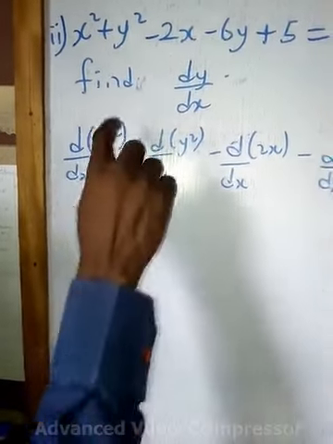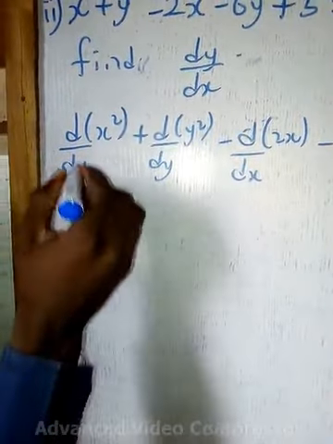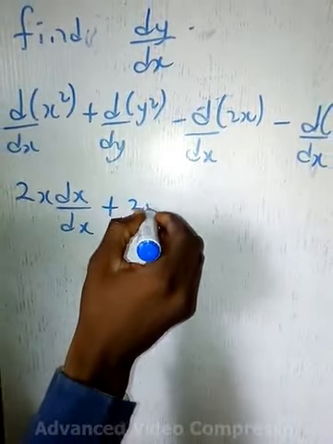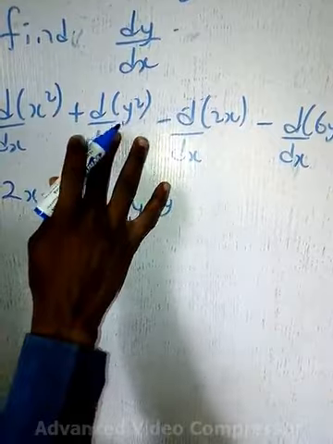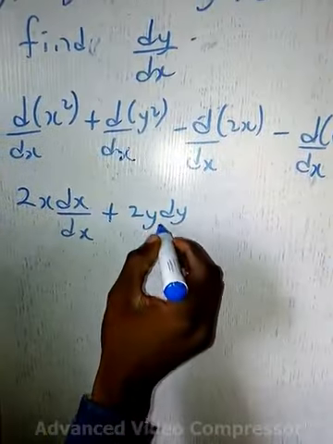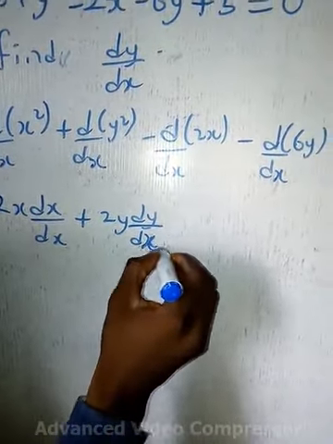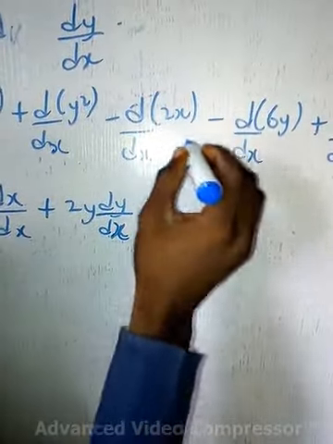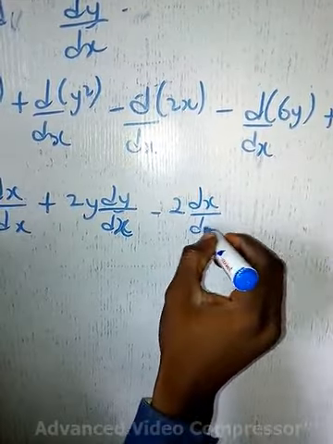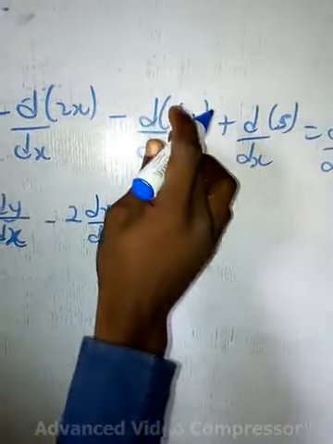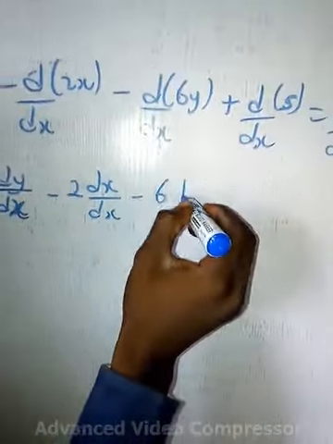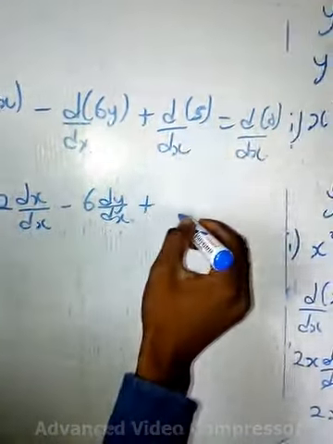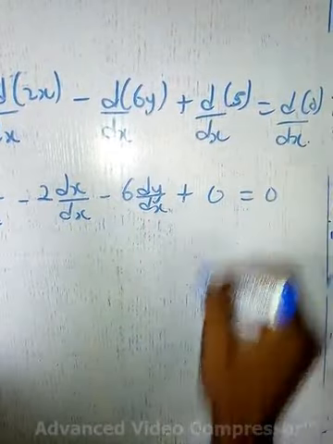Then what do we have here? Applying the same concept, the product rule here, we have 2x dx dx. We are differentiating twice, plus 2y dy dx. Sorry, this is supposed to be dx. Minus 2: when you differentiate this, that will be 2 dx. Minus 6: differentiating this gives dy dx, plus differentiating this constant here gives 0. Differentiating a constant is 0.